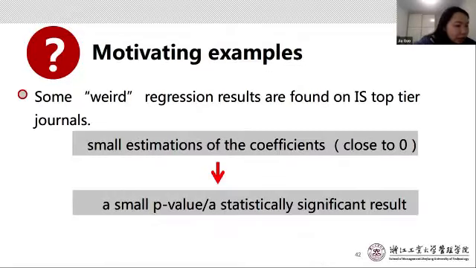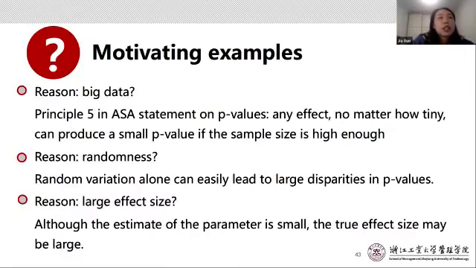So the common sense is that a small coefficient usually indicates a tiny effect or lack of effect, which usually indicates a relatively large p-value. So what is the reason for these weird regression results? I found three possible reasons.